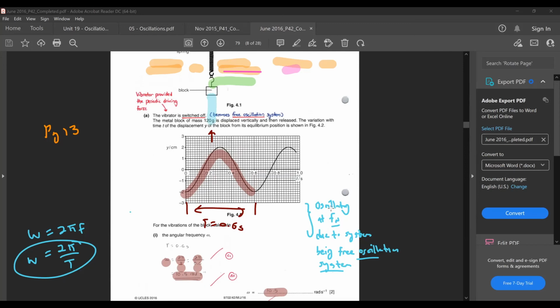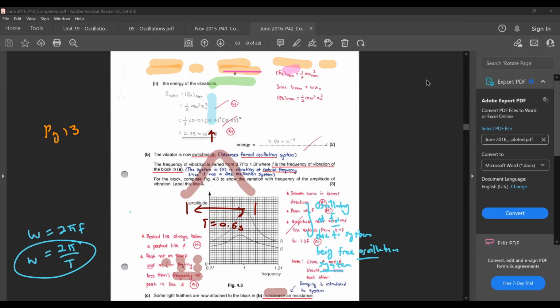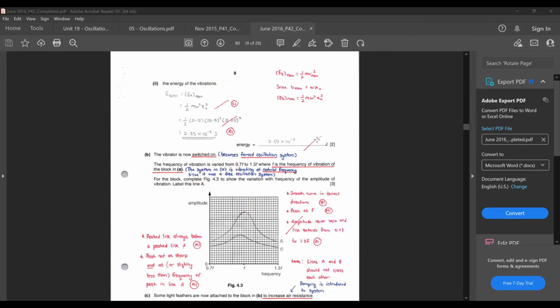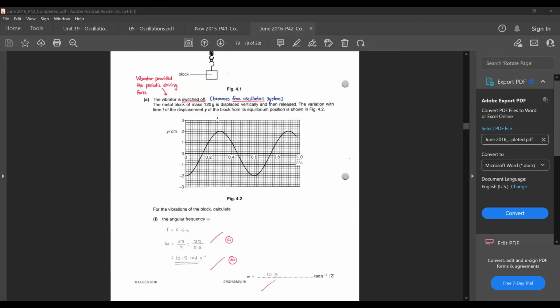All right, if this is okay, then we move on to the next one. Now what is the energy of the vibrations? So here, notice this: your amplitude remains constant throughout.